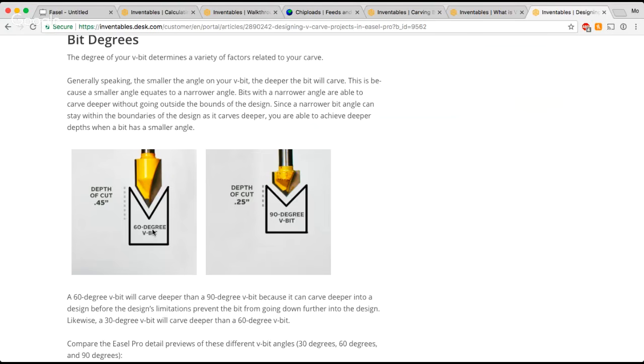By the same example, a 30-degree V-bit is going to carve even deeper than a 60-degree V-bit, because this angle is even narrower, and it allows the bit to carve deeper before it surpasses this width variance that is limited by your machine.